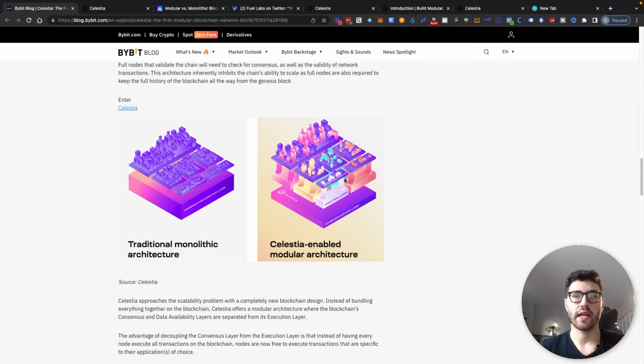So there's a lot of testing and a lot of development happening right now behind the scenes. And that's why I do believe modular blockchains are gonna be the next narrative in crypto, because it just makes sense, right?